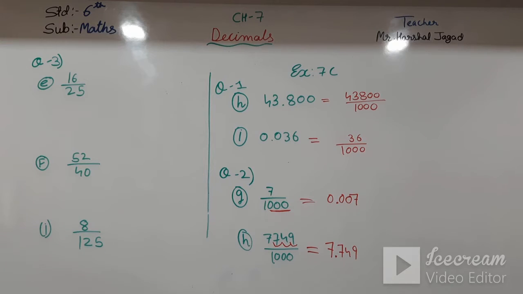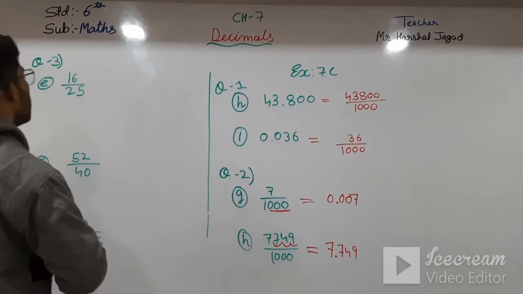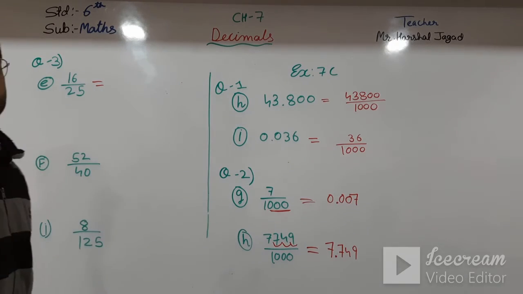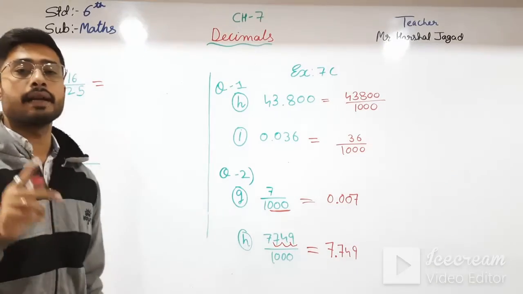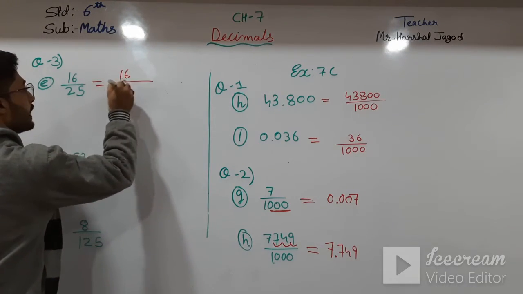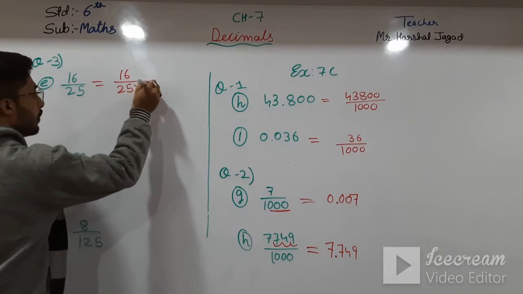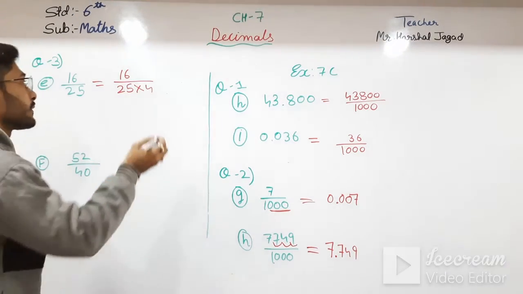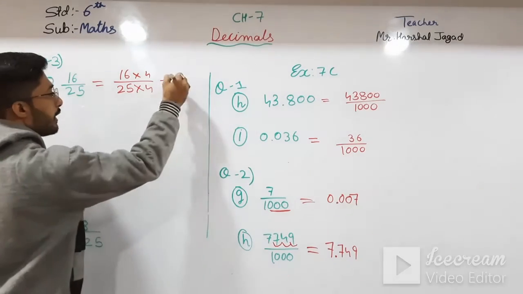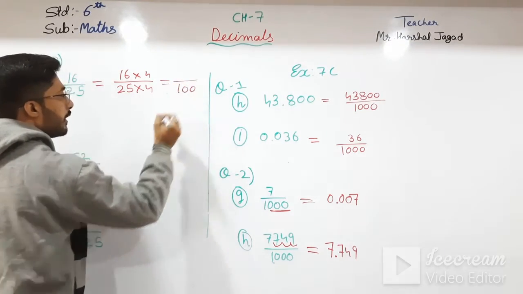So here, what is to be multiplied by 25 to get 100? If I multiply 25 into 4, then it is 100. So I have to also multiply the numerator by 4. So 25 into 4 is 100.